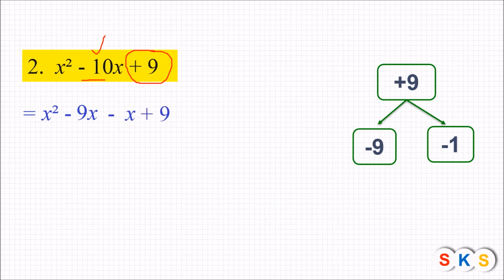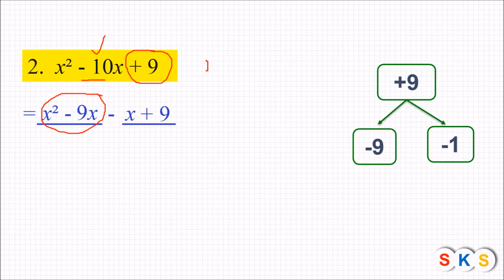After splitting the middle term, we will make a group of binomial. This is your first group of binomial, and this is your second group of binomial. After that, we will find common factors in these two terms. x square you can write as x into x, and 9x you can write as 9 into x.